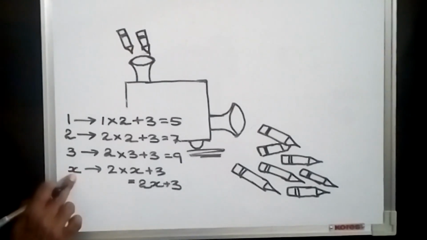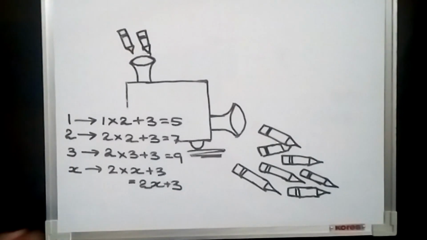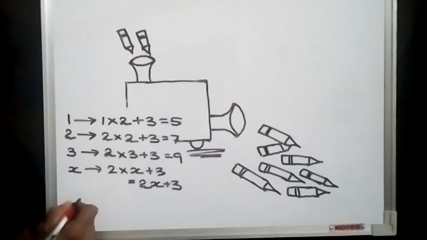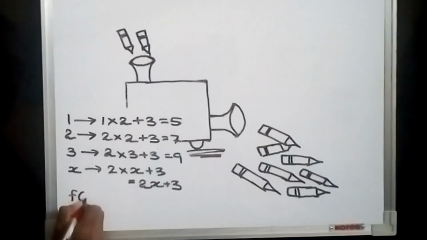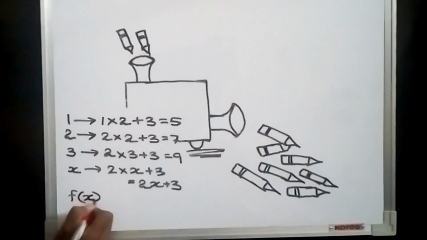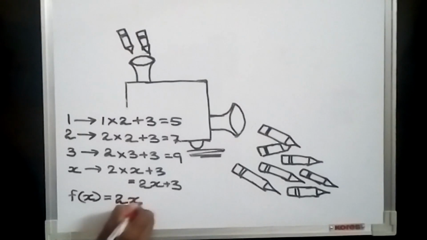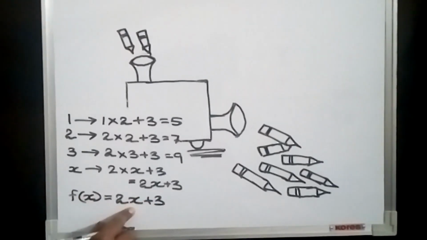See, x becomes 2x plus 3. That is f of x. In mathematical language, f of x equal to 2x plus 3. That is, x has become 2x plus 3.